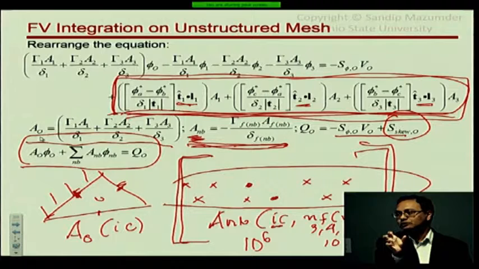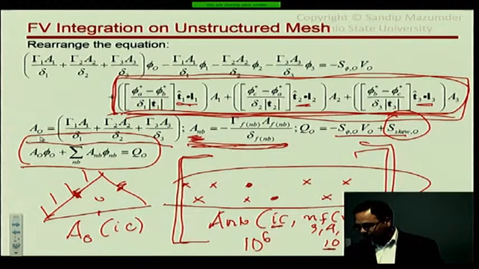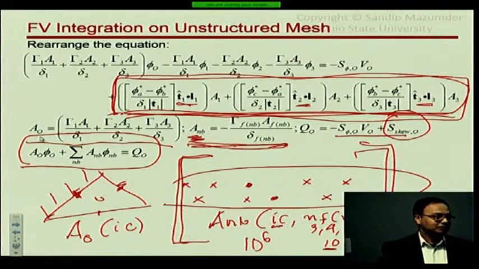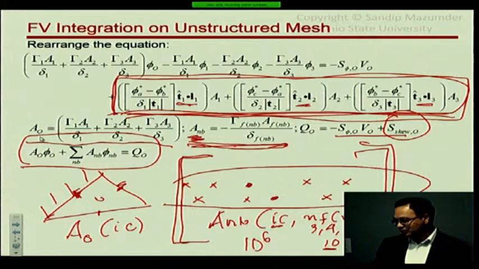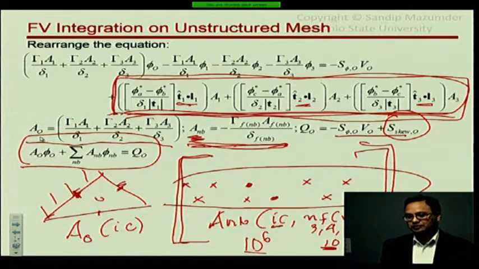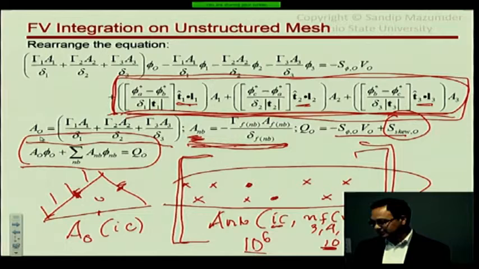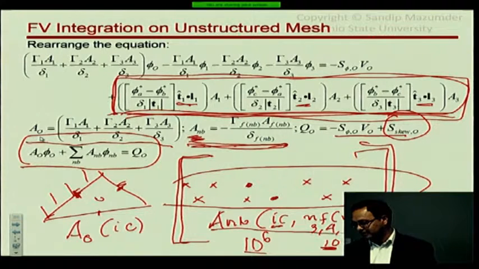For IC equal to 5, you may allocate 7 slots. So you're not doing 1 million times the maximum number 10 as your storage. You're going case by case for each cell. But at the worst case, you will have 1 million times 10 storage, not 1 million times 1 million. So this is how the neighboring cell coefficients are stored.